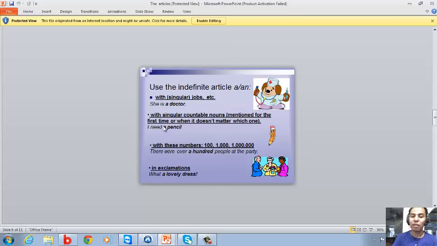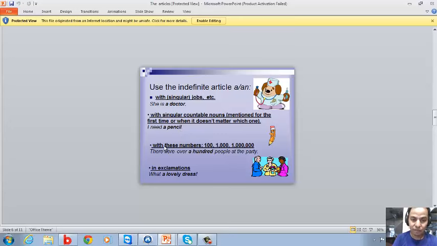And a is preferred before consonant sounds. Okay, the first letter of a word should be a consonant sound. While on the other hand, an is needed when the first letter of the word starts with a vowel.